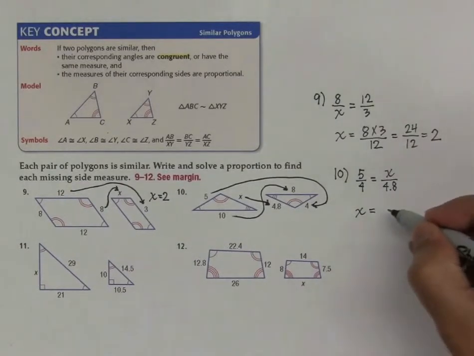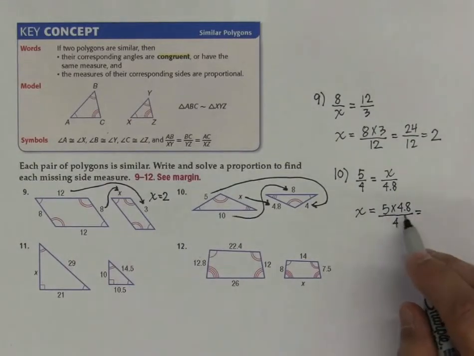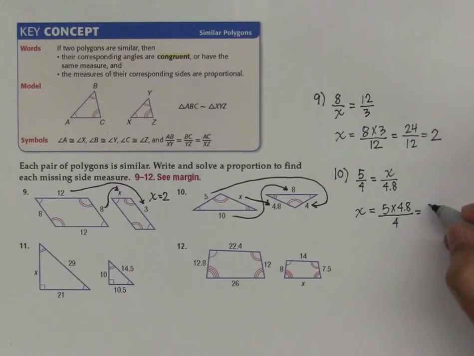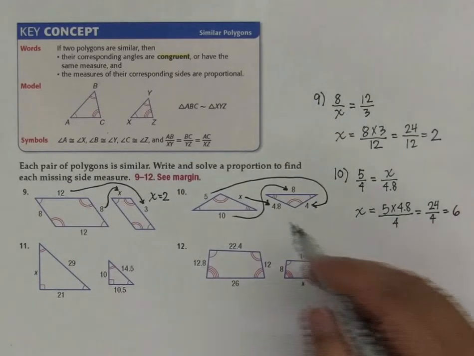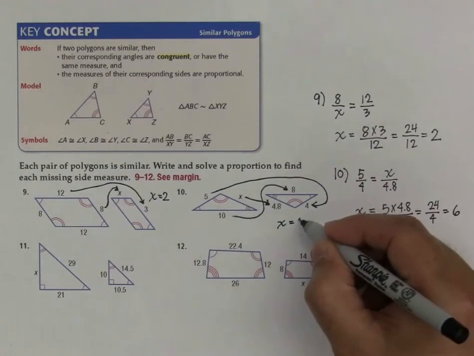X equals 5 times 4.8 divided by 4. This is 24 divided by 4. 24 divided by 4 is 6. In this problem, x equals 6.